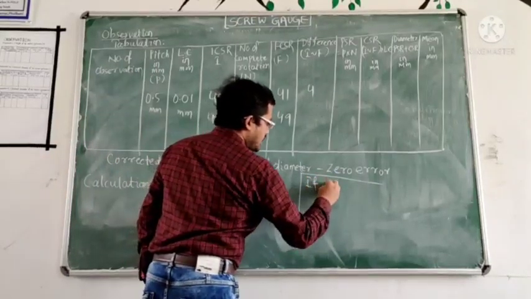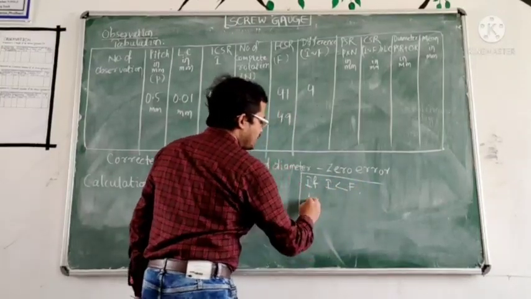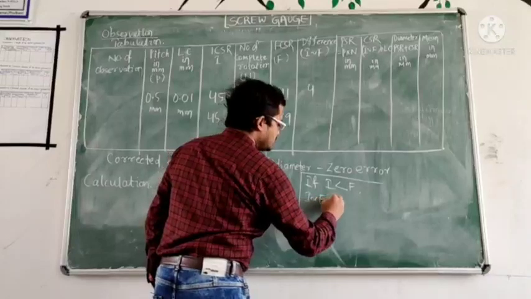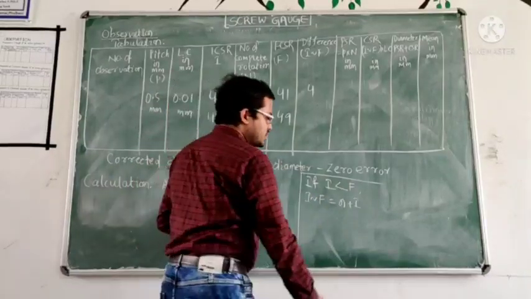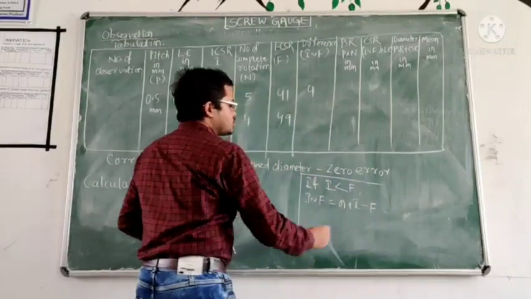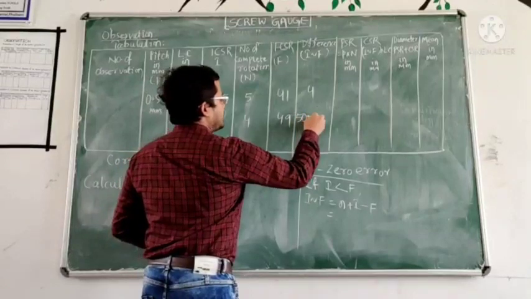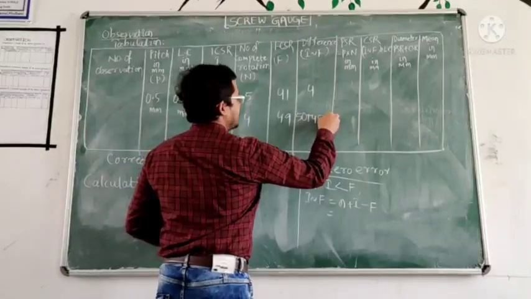If I is less than F, then our difference will be N plus I minus F, where N is the number of circular scale divisions. So here it will be 50 plus 45 minus 49.